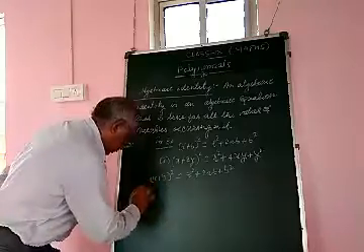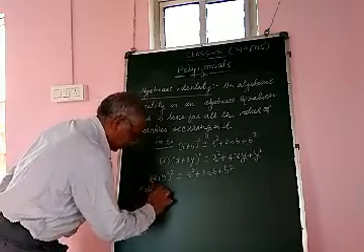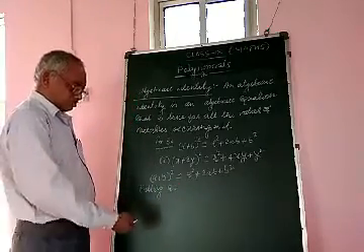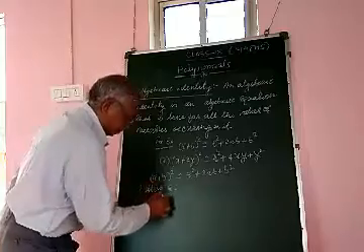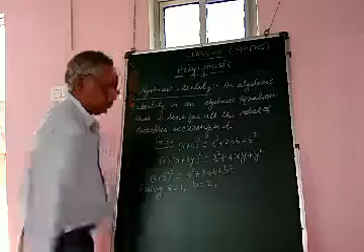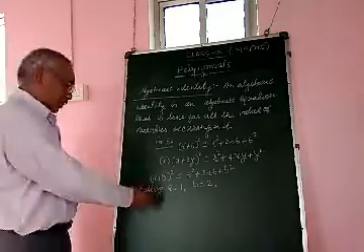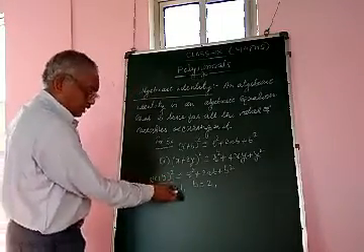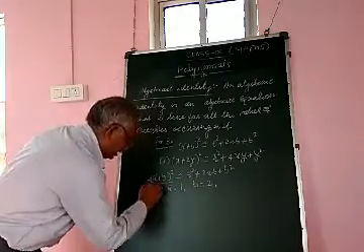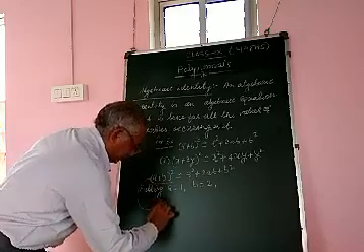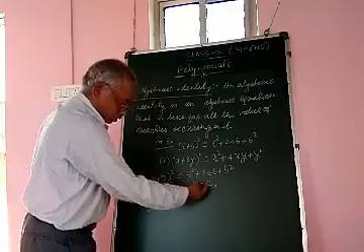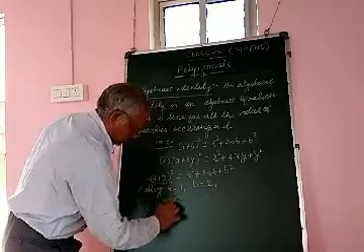Suppose we take a is equal to 1 and b is equal to 2. First we put the values of a and b in LHS. LHS is 1 plus 2 whole square.